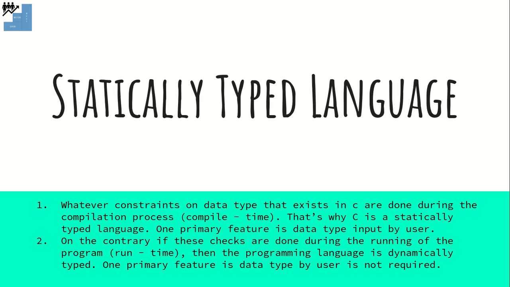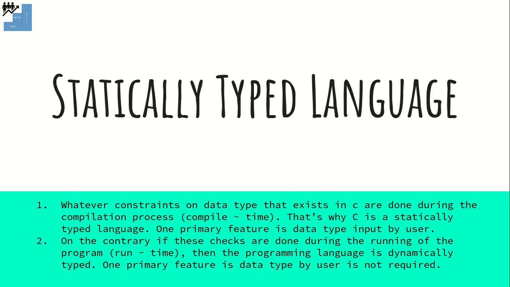There is another classification, which is a statically typed language and a dynamically typed language. This classification is based on when the type conformities are checked in a particular programming language. When the type rules are checked during compilation time, then it is called a statically typed language.